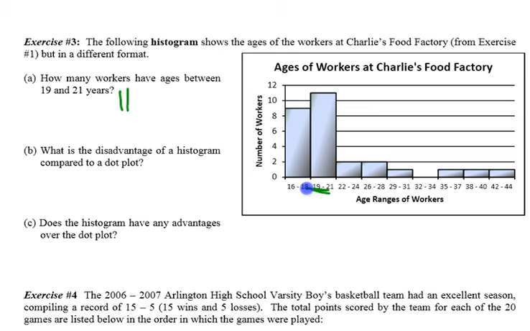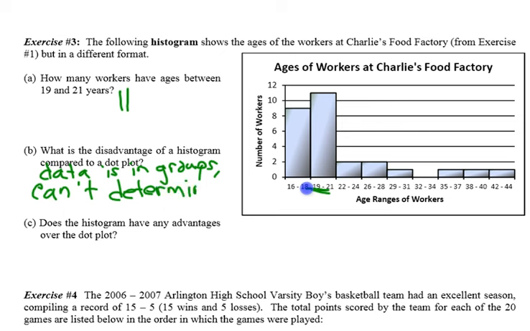What is the disadvantage of a histogram compared to a dot plot? The histogram groups, so you can't look at the ages as separate. Data is in groups, so you can't determine some info. Okay, does a histogram have any advantages over the dot plot?